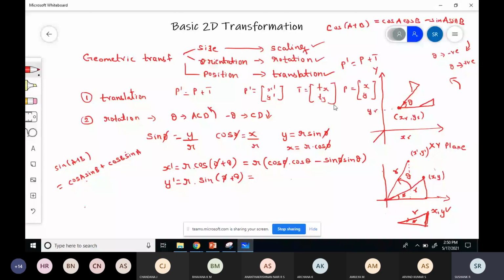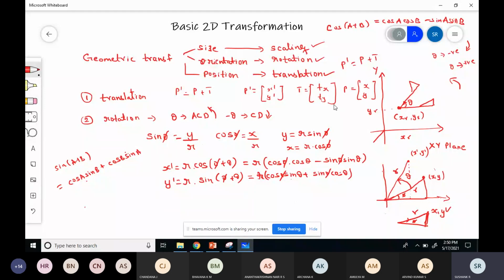So this is the formula. So R into cos A sin B plus sin A cos B.